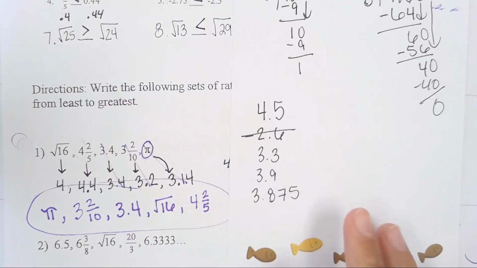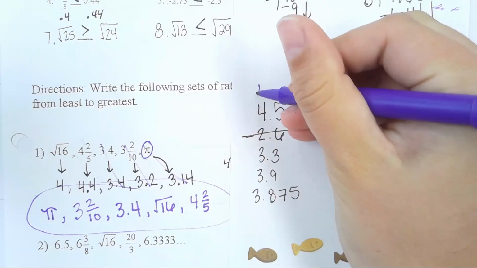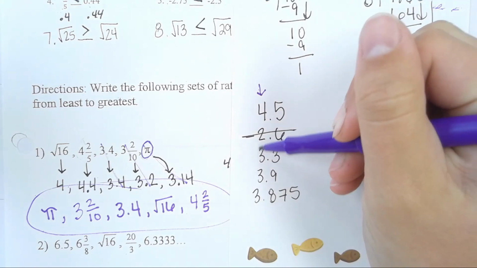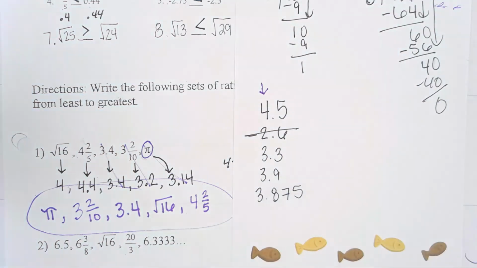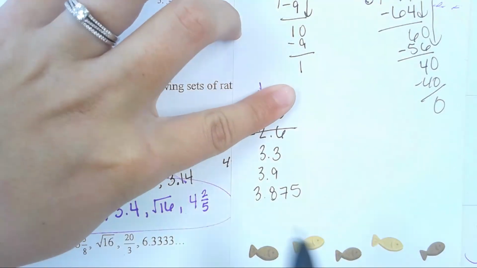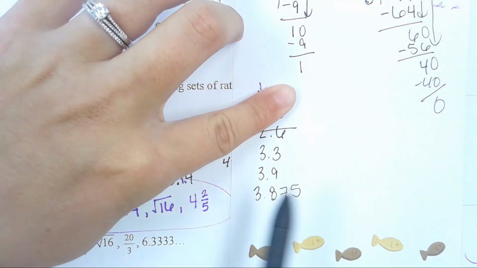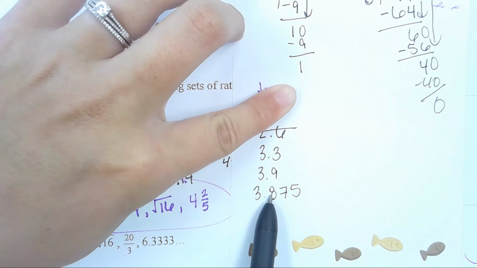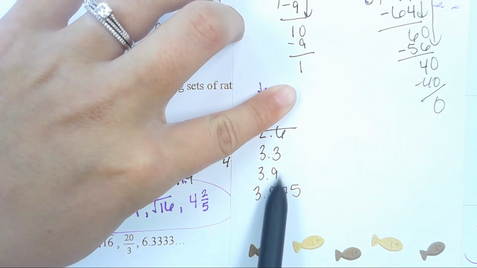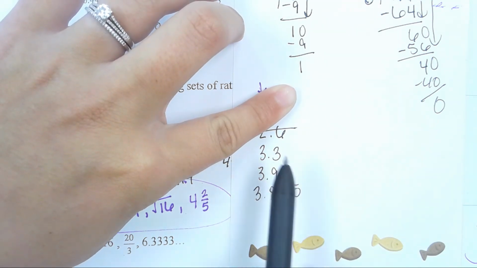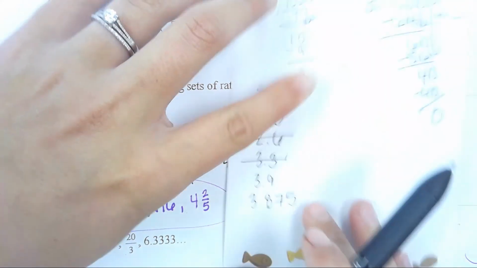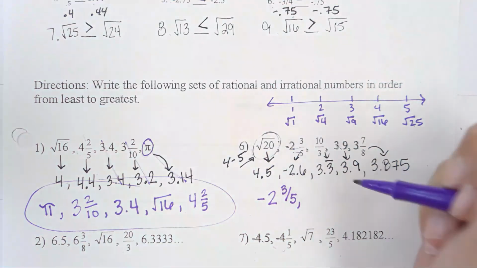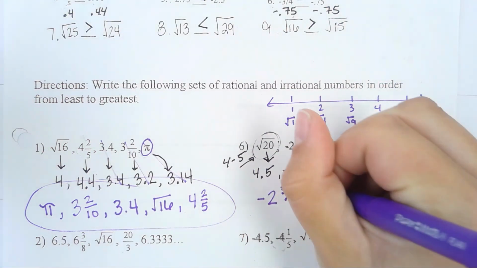Okay, moving on. So once again, look in the first column. Notice how we have 3s and 4s. So 3s are less than the 4, so I'm not going to look at this one. I'm just going to look at these. So then you move on to the next column. Which one of these numbers is less? It is the 3, so that means this 3.3 is going to be the next number, and that was represented by 10 over 3.